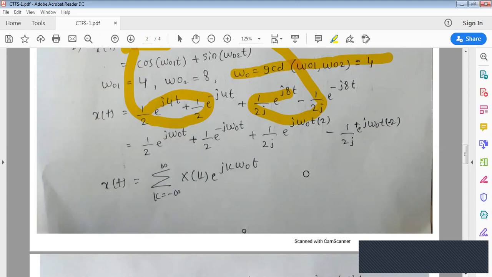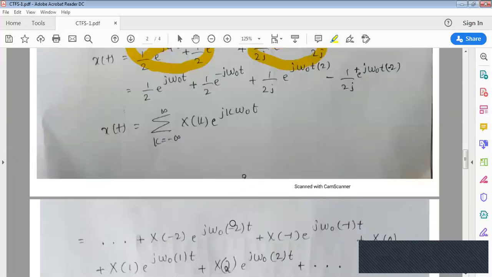So what should be the variation of k here? What is the variation of k by comparing these two equations? Minus 2 to plus 2. Okay, minus 2 to plus 2. That's what I'll write.